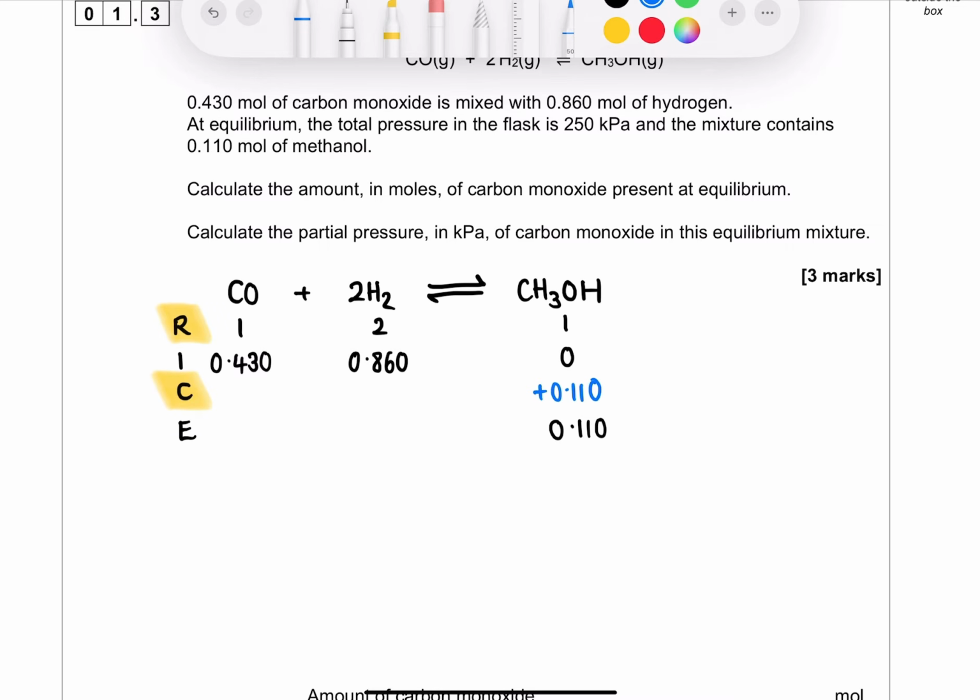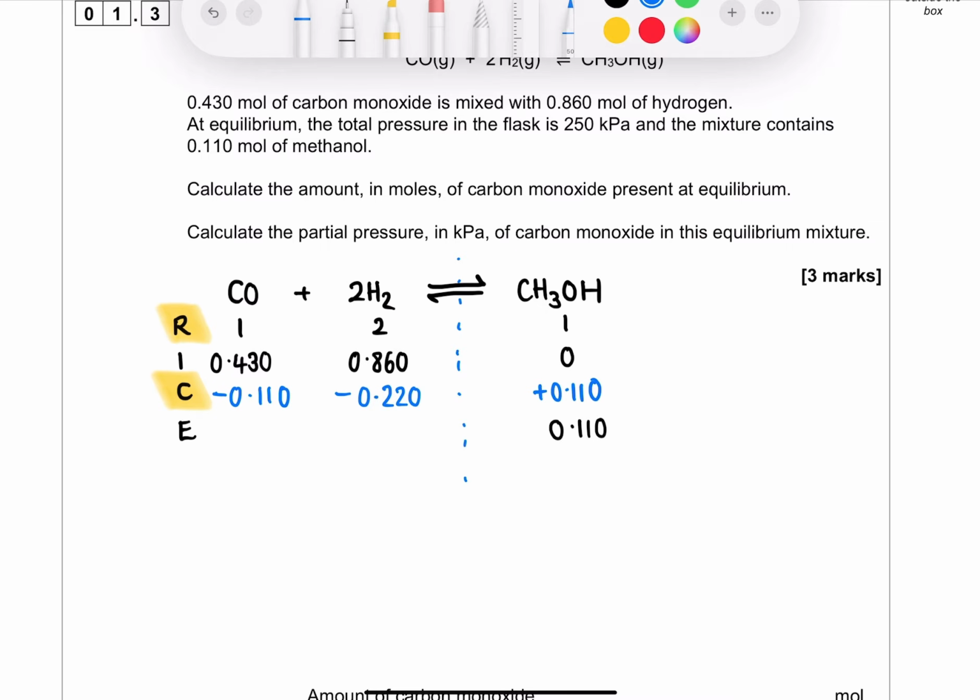So 1 to 2 to 1 is the same as what to 0.110. Every time there's a 1, we can have 0.110. How would we go 1 to 2 to 1? We'd have to double 0.110 to 0.220. And then we remember that our reactants decrease while our products increase.